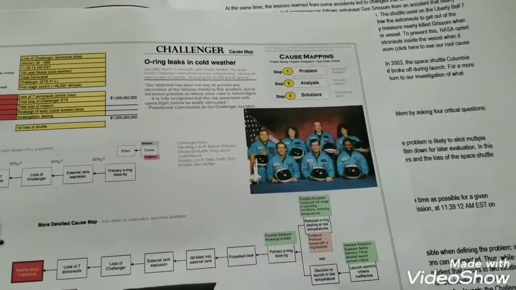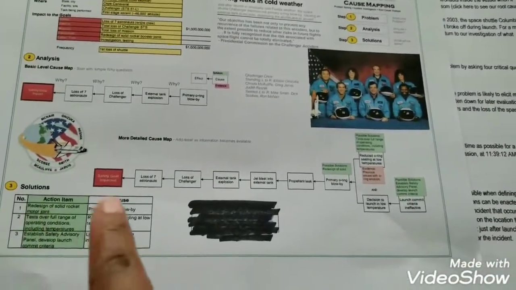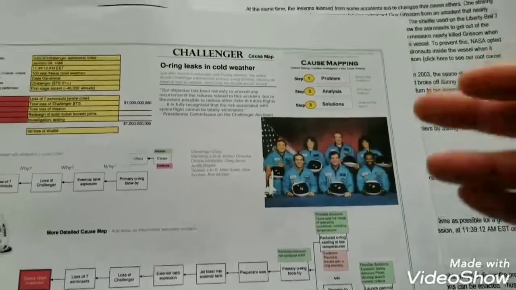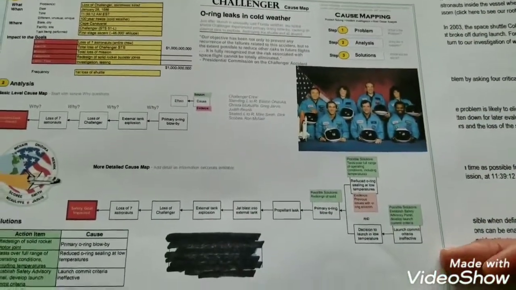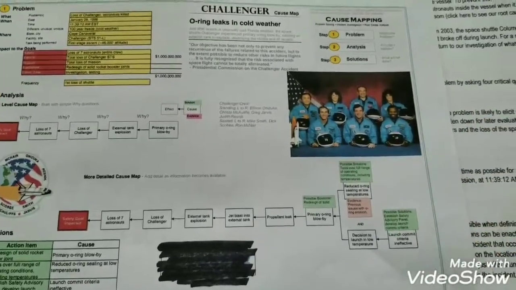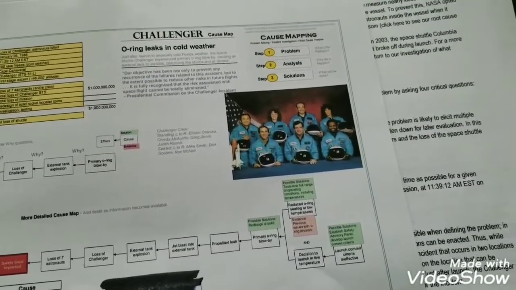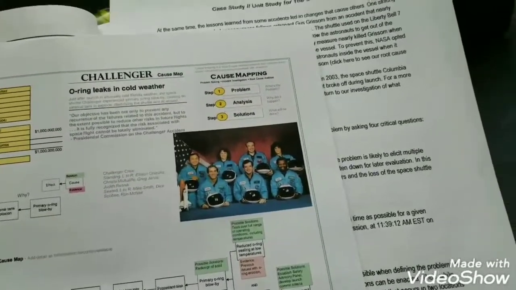So that's the case study: critical analysis, flow charting, understanding how to analyze information logically, learning methods such as cause mapping, flow charting. You can even do a Venn diagram if you so choose. This just gets them to process information in a more logical way, okay?